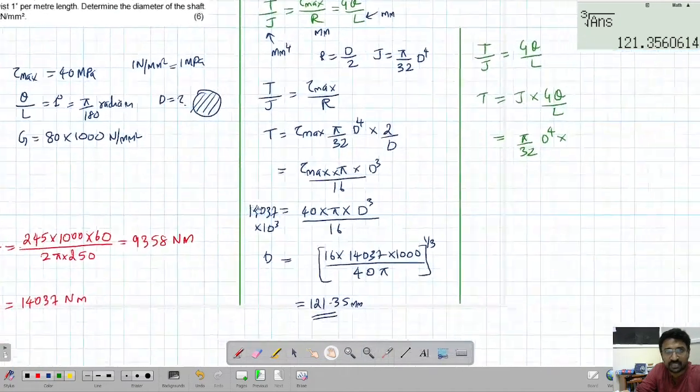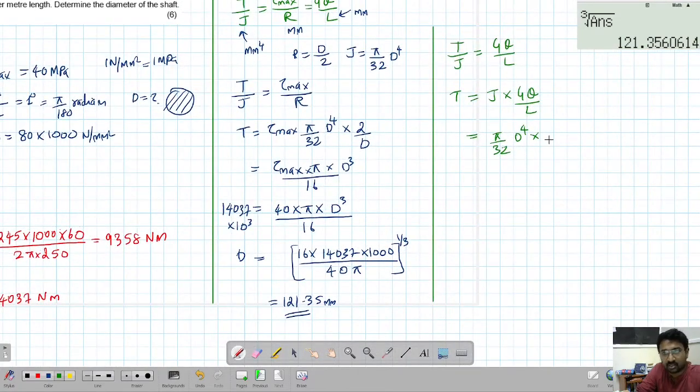The value of G is 80 into 1000. So 80 into 1000 times theta by L, which is already given, it is pi by 180. This will be equal to T. The value of T is, as we have already calculated, 14037 into 10 to the power 3. Okay, so from this we can calculate the value of D.